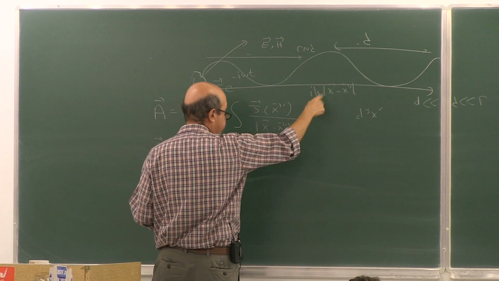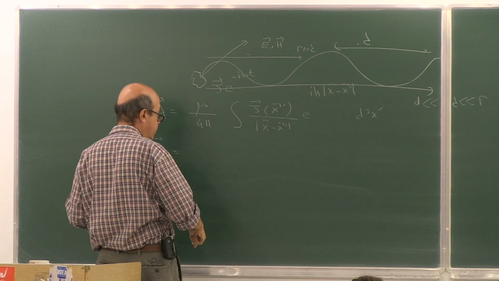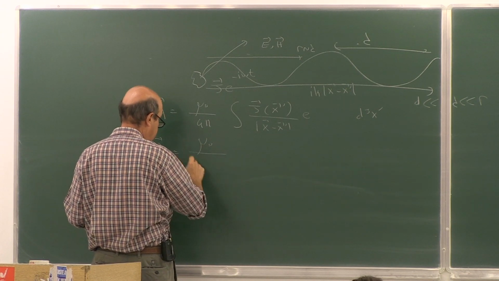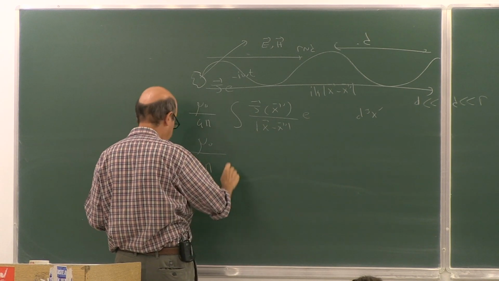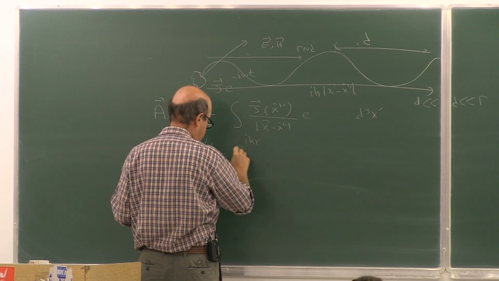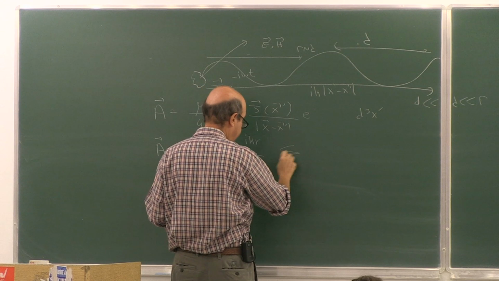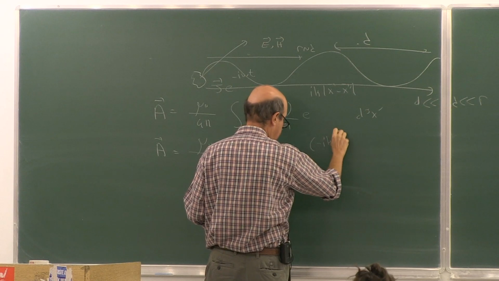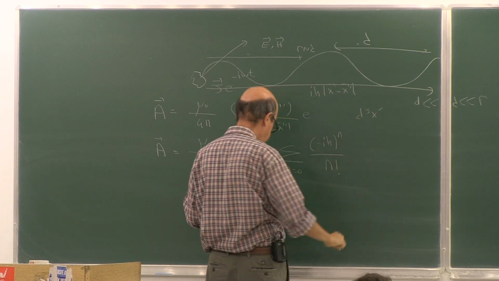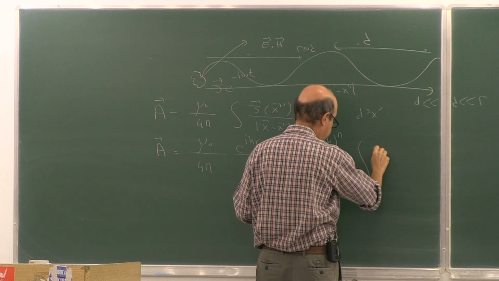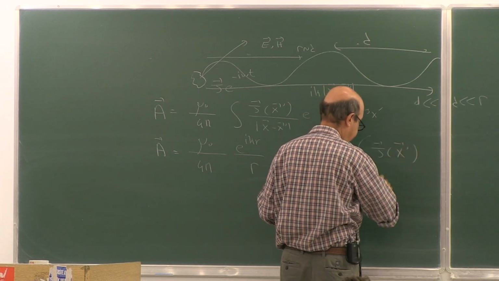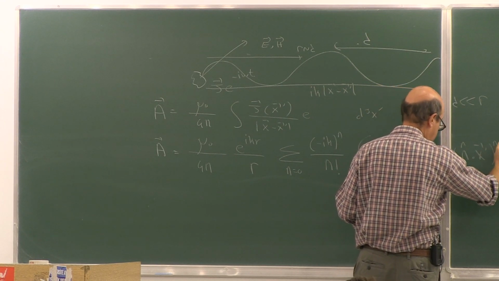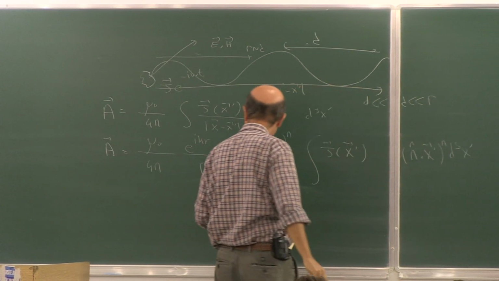We make a Taylor expansion of the exponential, and we find that the vector potential is: mu 0 over 4 pi, e to the i k r over r, summation n from 0 to infinity of (minus i k) to the n over n factorial, integral of current density times (n dot x prime) to the n power integrated through the volume.